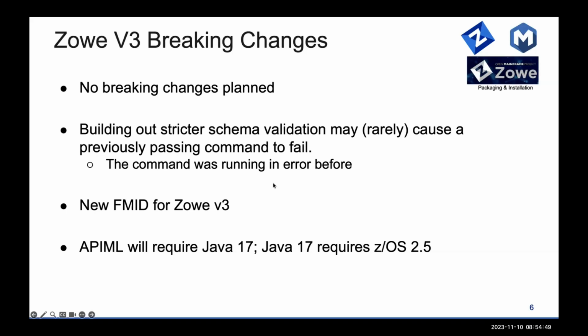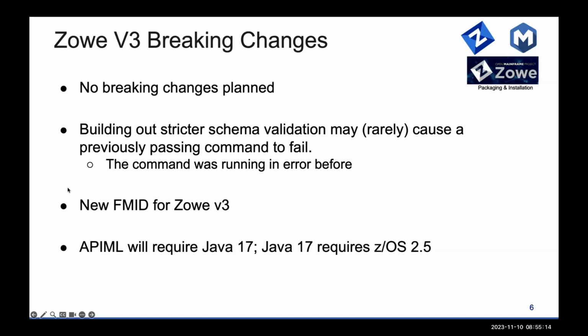So there may have been an invalid value somewhere in there that we just weren't catching. In this case, when we ship stricter schema validation, it's not going to let that failing zowe.yaml pass. So this isn't really a breaking change because we're essentially doing a better job of catching configuration files that probably had errors in them, but it's something to be aware of.